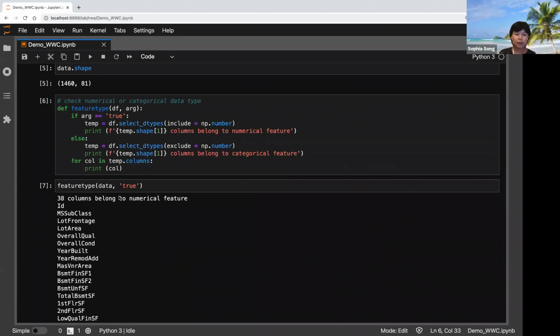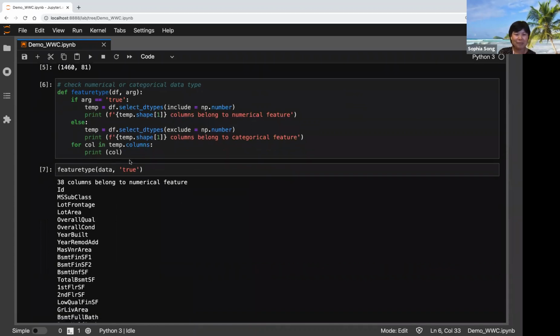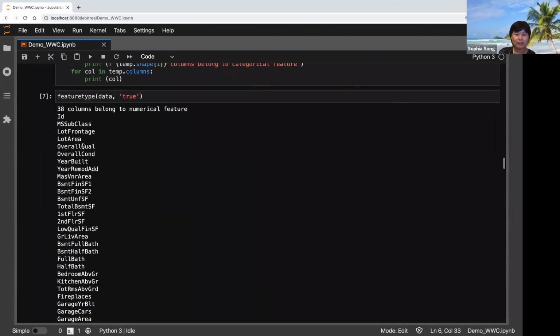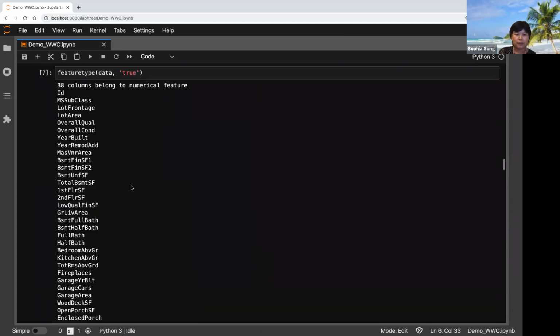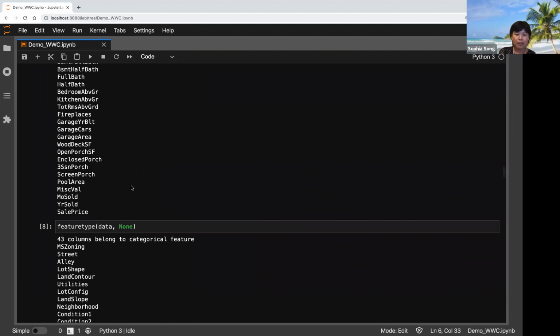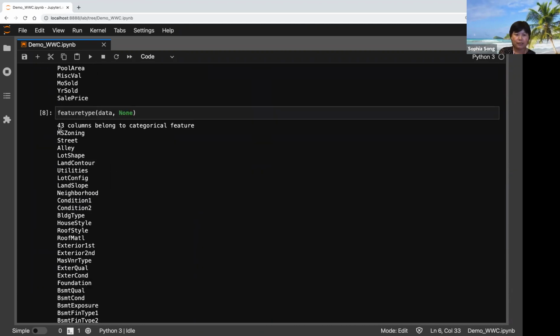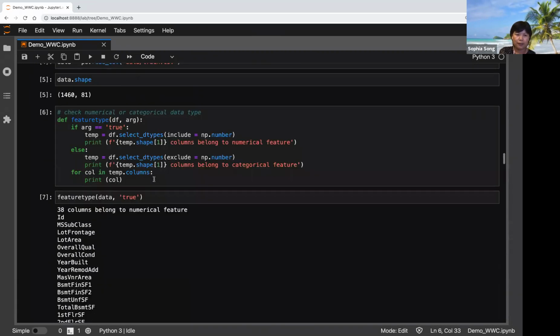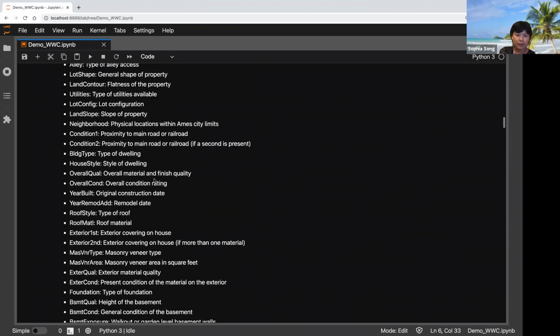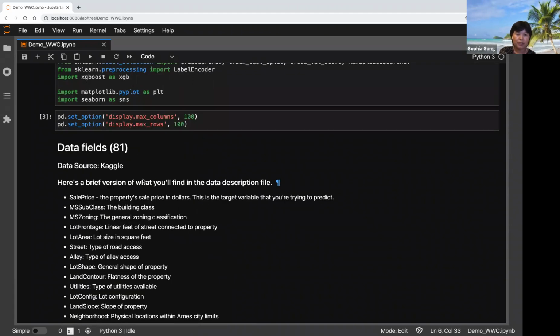So I found there are 38 numeric features, and 43 categorical features. So I have 81 in total.